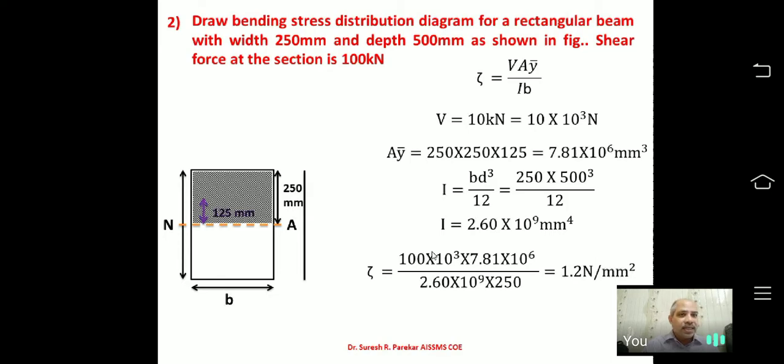And you can see in this diagram, the shear stress at the neutral axis is 1.2 Newton per mm square. So we have the shear stress distribution diagram as a parabola.